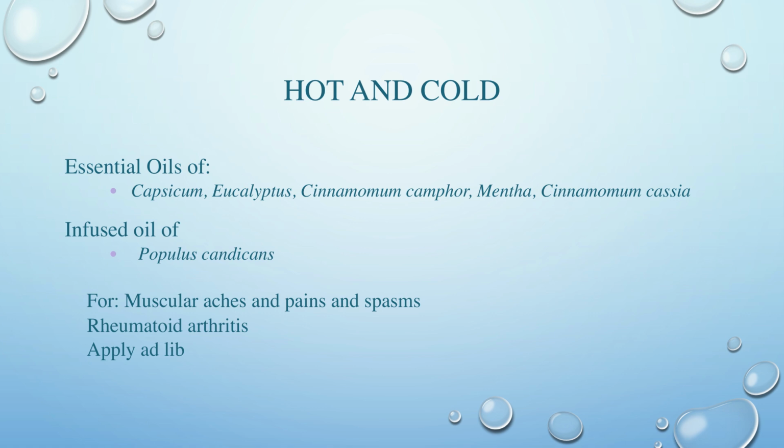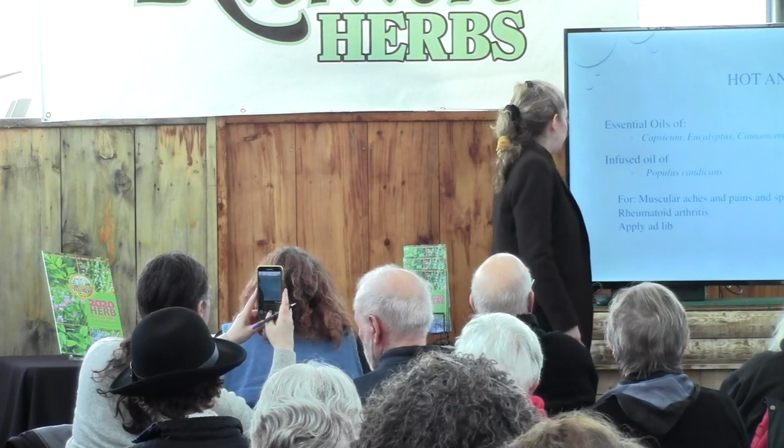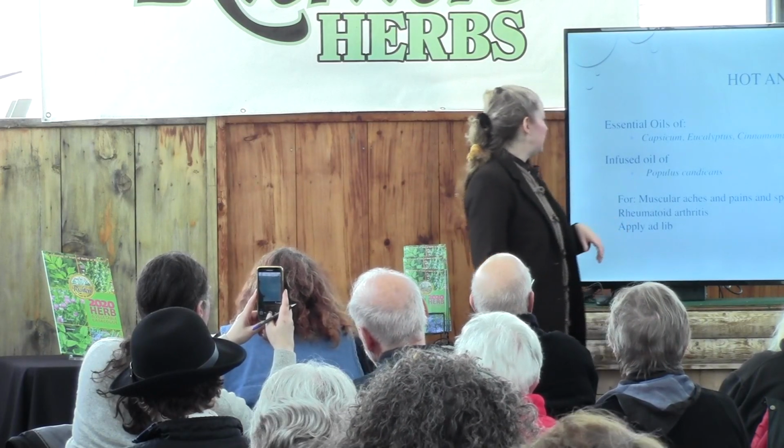Hot and cold. So this is like a lot of the Chinese ointments or traditional Asian medicine ointments, which are made with a combination of both heat and cooling. We love to use populus for that arthritic type cooling pain. It helps to cool the area and has a beneficial effect for muscular aches, pains, and spasms.